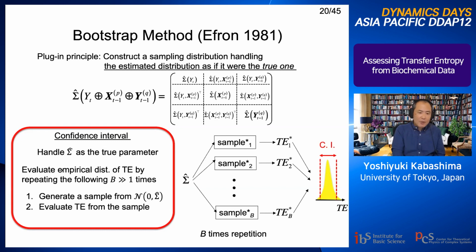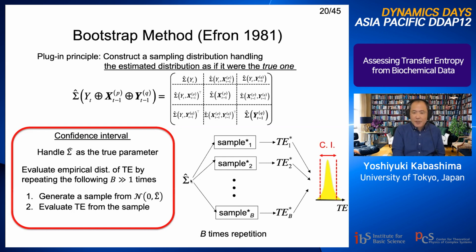Then we evaluate the empirical distribution of transfer entropy by repeating the following steps many times, B times: generate a sample from the estimated Gaussian distribution and evaluate the transfer entropy from the sample.